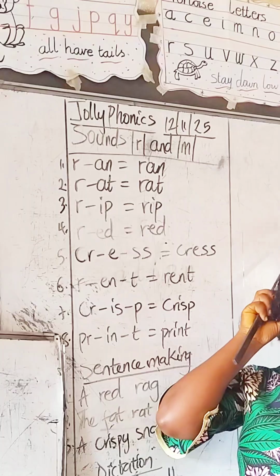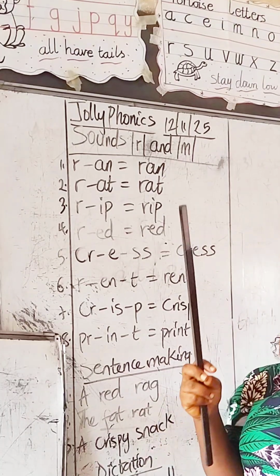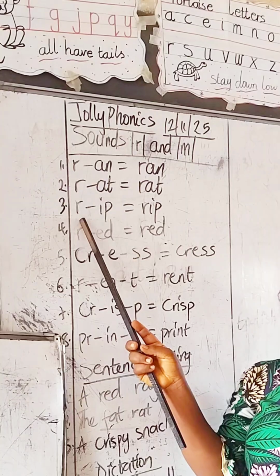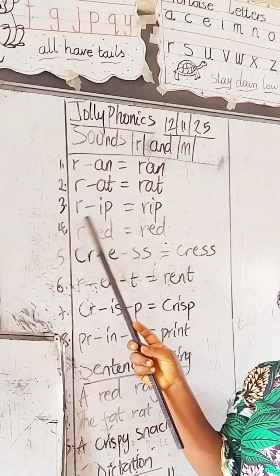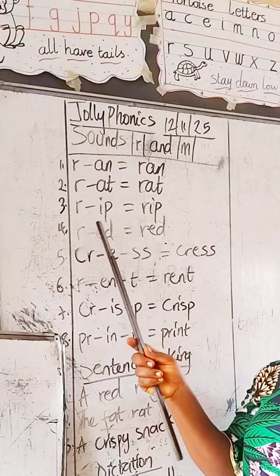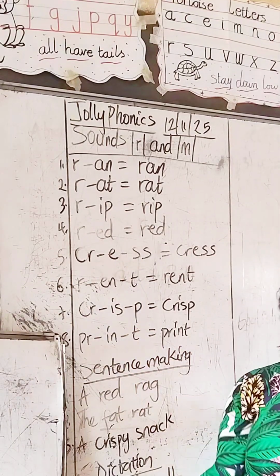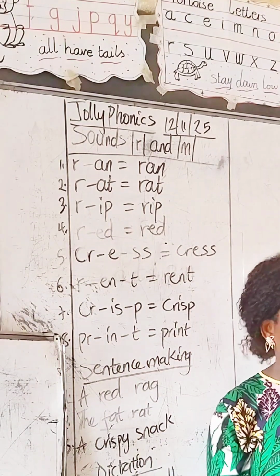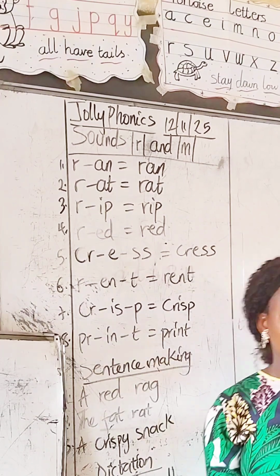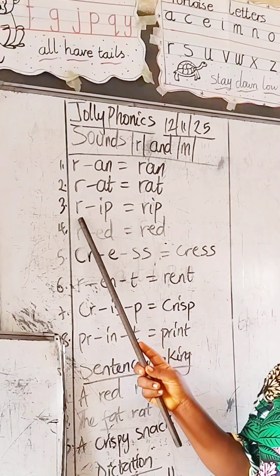Give yourselves a sound clap. Now let's take the next one. You will blend it together because they are written together. Do you understand? Yes. Now let's blend again.